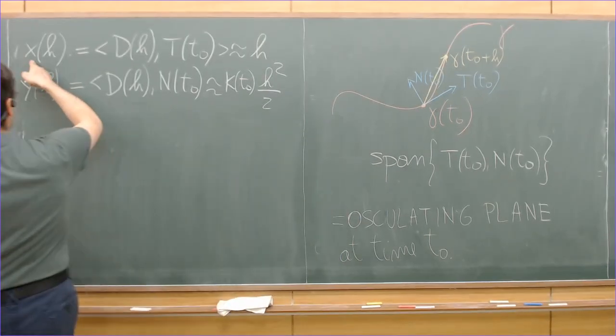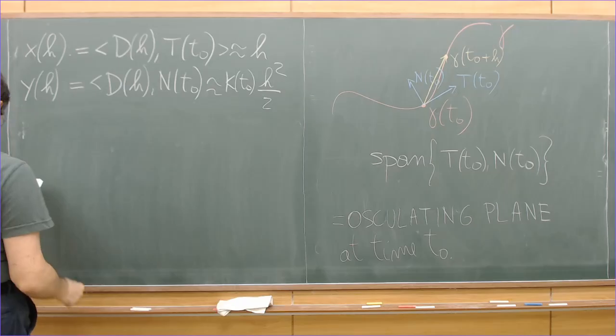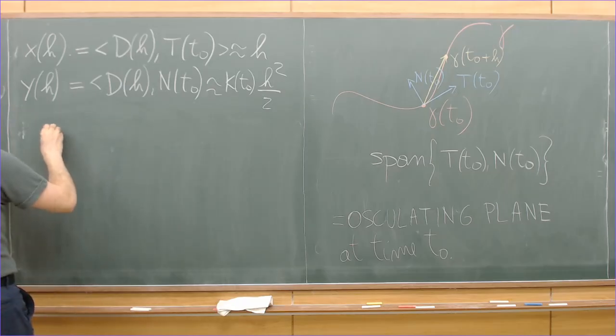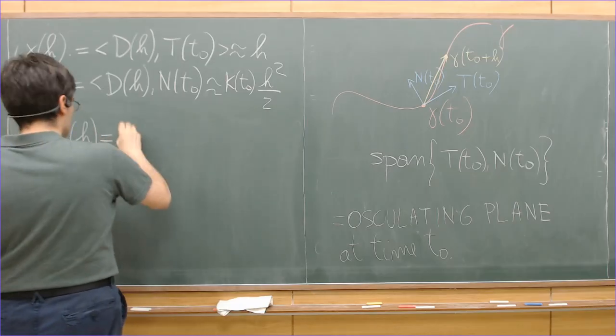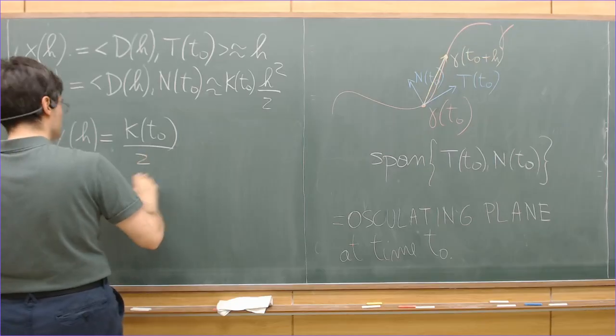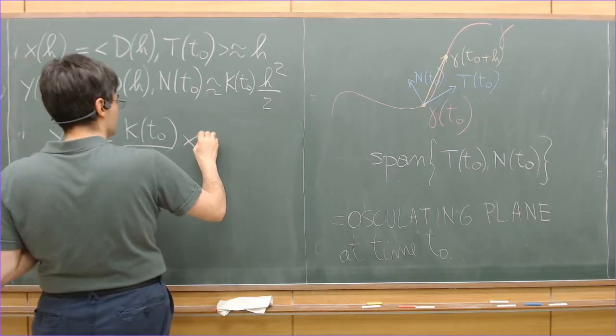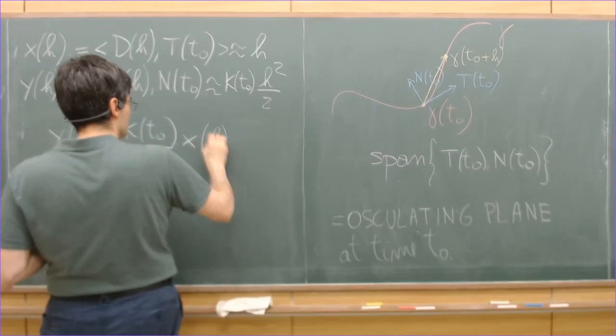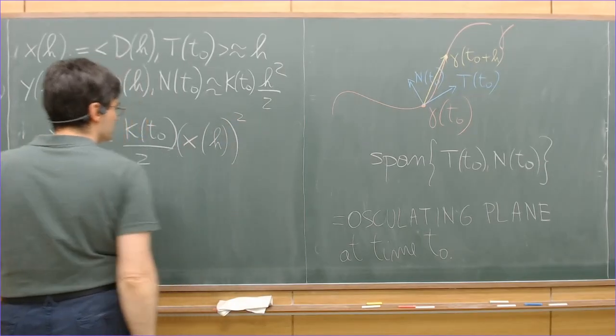Clearly, these two functions satisfy this formula: y of h equal k t0 over 2 times x of h square.